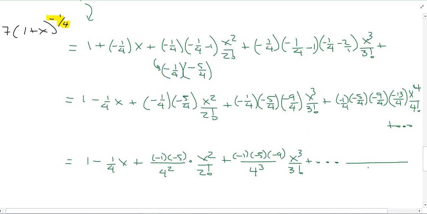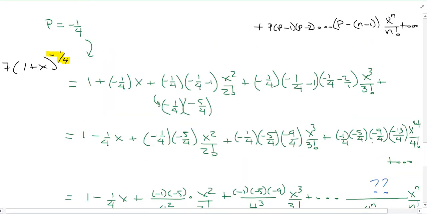And then, so here for the nth one, we're going to have 4 to the n, x to the n over n factorial. So now the big question is, what goes in the numerator of that one? So notice we have minus 1 times minus 5, and minus 1 times minus 5 times minus 9. And so what is going to be here? So think about that for a second.